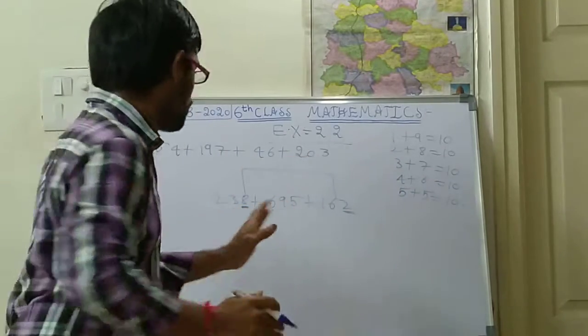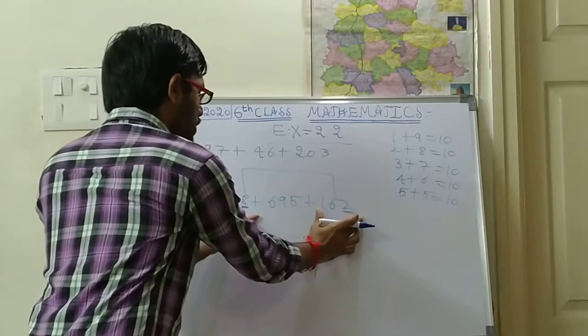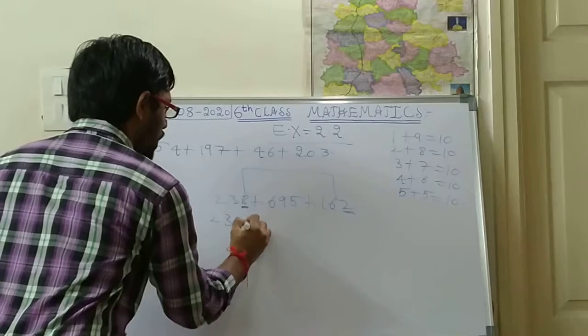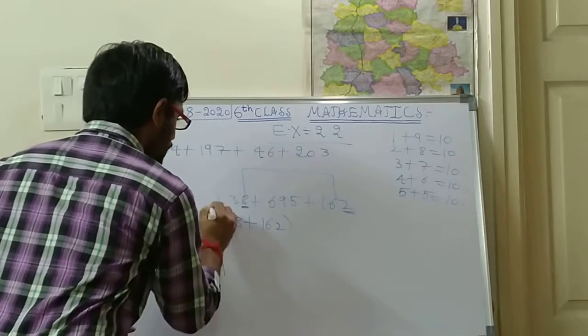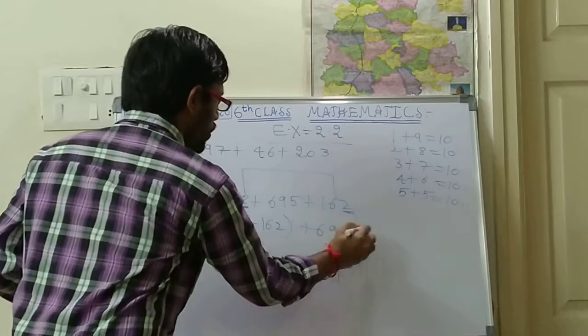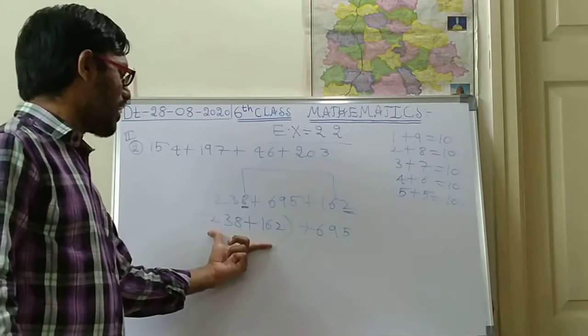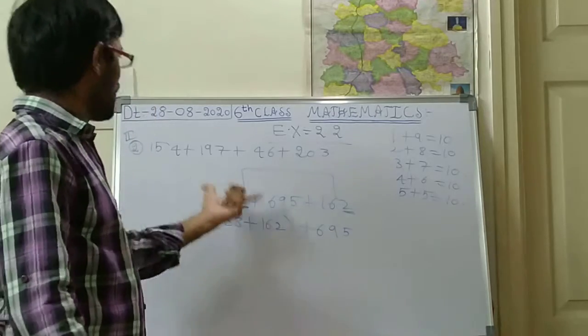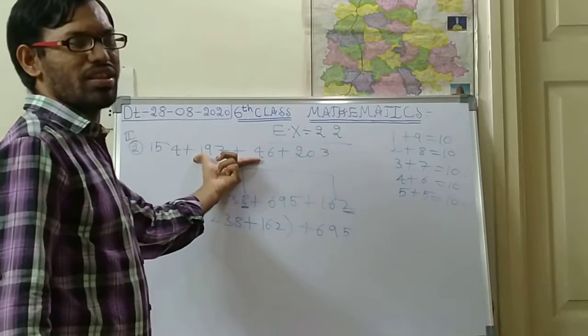Is it right or not? That's why you should add these two at a time. That means I took 238 plus 162 as one set, plus 695. Whatever result I got for this set, I add 695 to it. The same you have to do for this problem also.